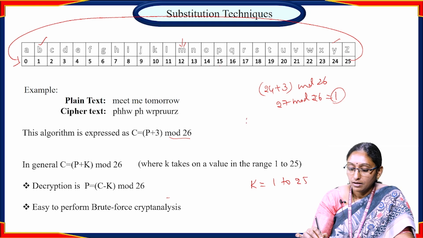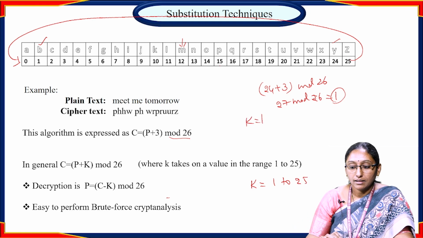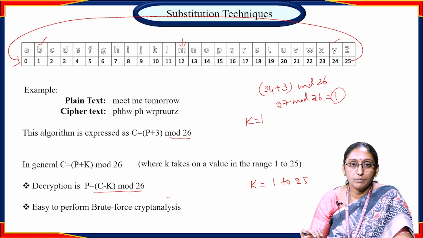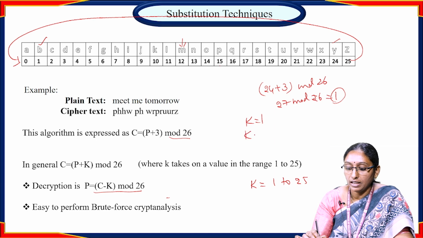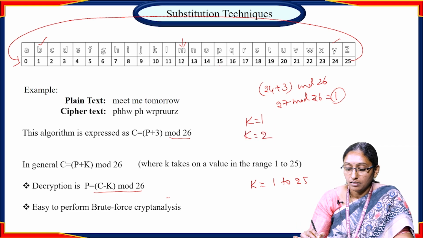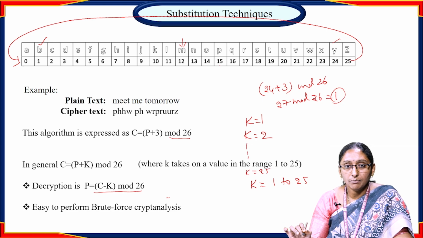Initially, this procedure starts from K equal to 1. The attacker substitutes K value 1 in the decryption process and gets all the letters. If those letters give a meaningful sentence, then they can decide that it is the plain text. Otherwise, they choose the next number, K equal to 2, and repeat the process until they get the meaningful plain text message.